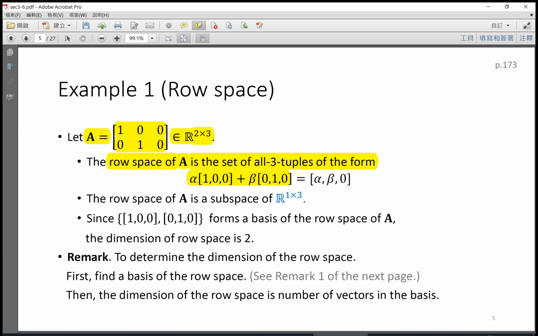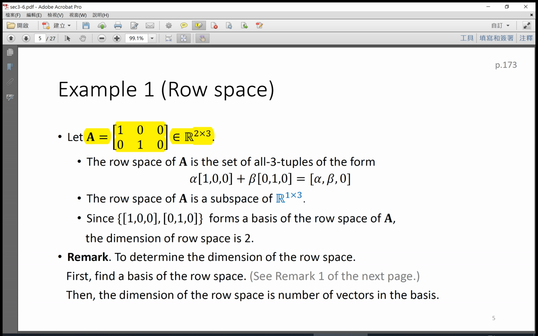We know that vector addition is closed in the row space, and also scalar multiplication is closed in the row space. Therefore, the row space of A is a subspace. And since each row is in R^(1 times 3), the row space of A is a subspace in R^(1 times 3).